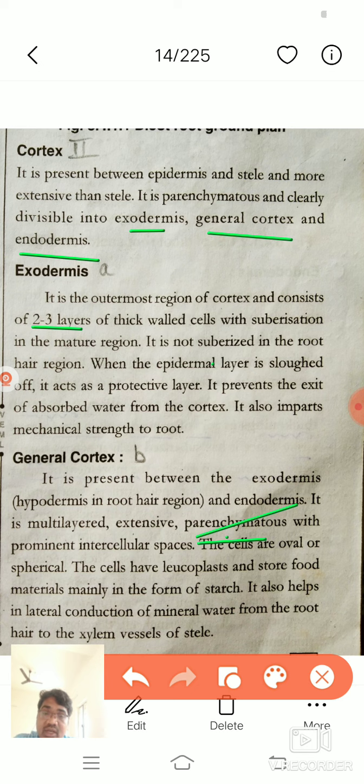Its main purpose is to store food materials, because these cells have leucoplasts. The leucoplast is one type of plastid in the plant cell. So this is the general cortex, the second region in the cortex.